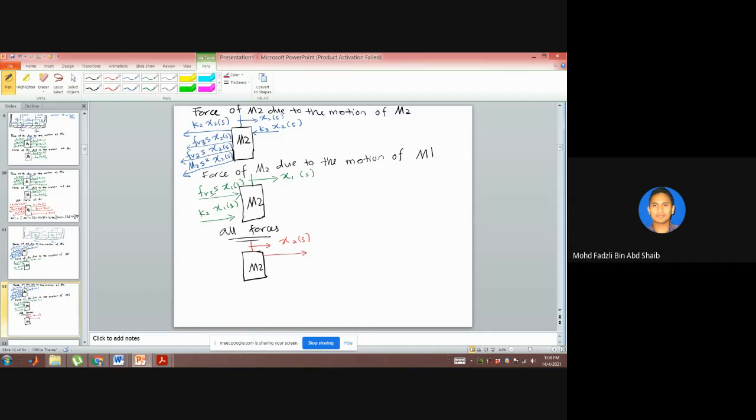FV3 s into X1 s, FV3 s with K2 s, okay, times X1 s, right?